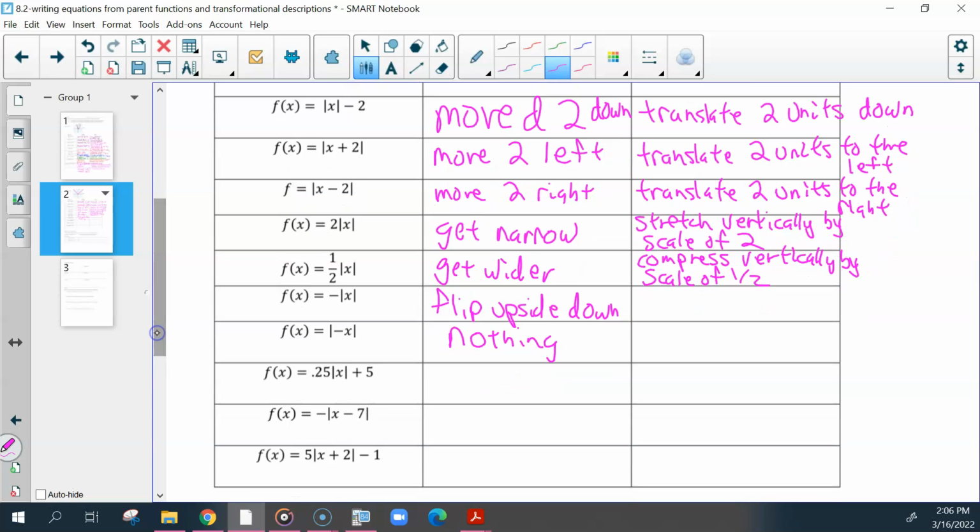Flip upside down would still be a reflect over the x-axis. The negative x still did something, but what it actually did was reflect over the y-axis.